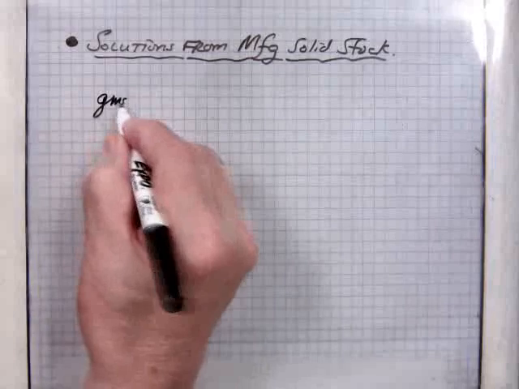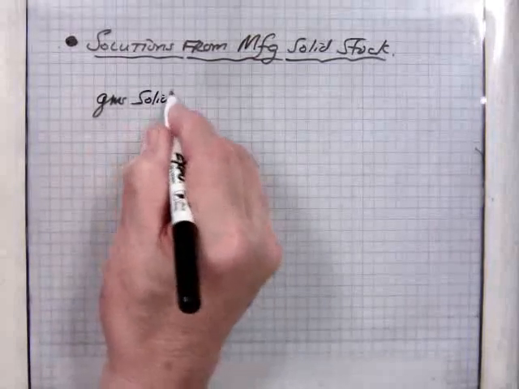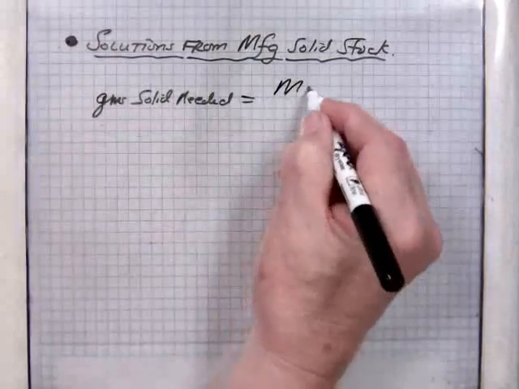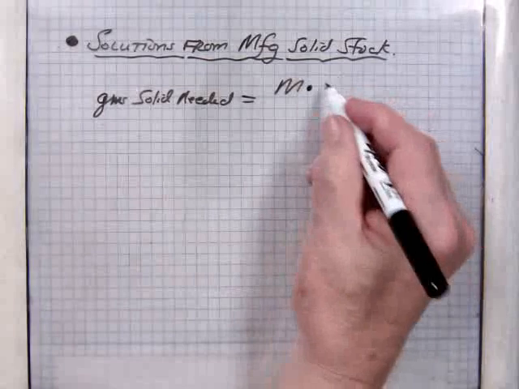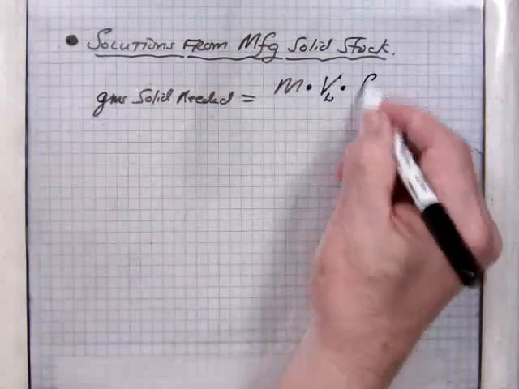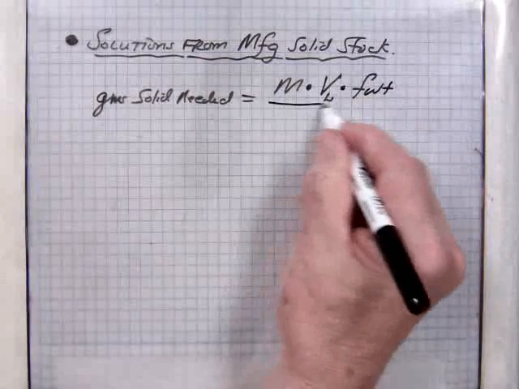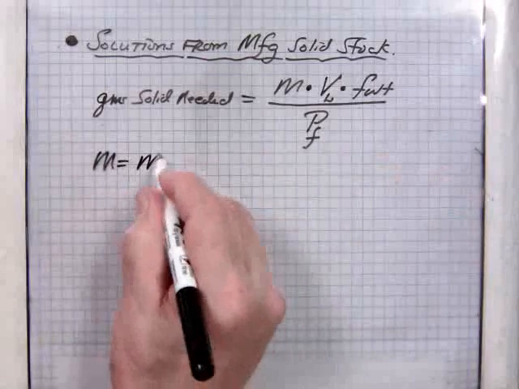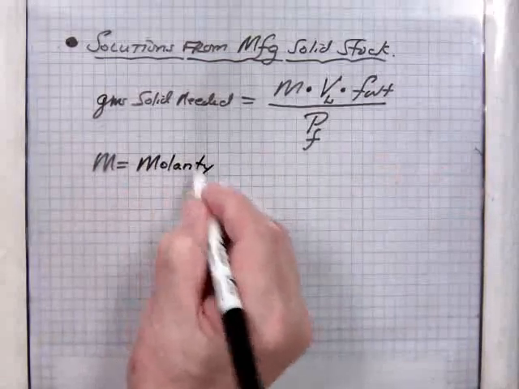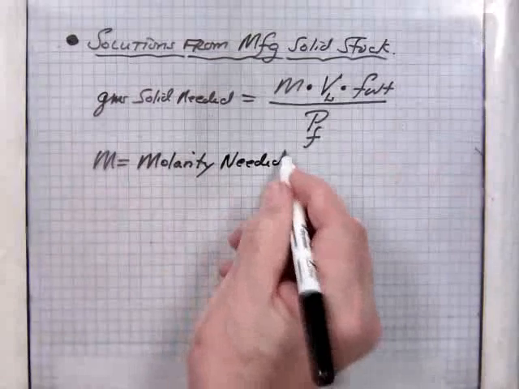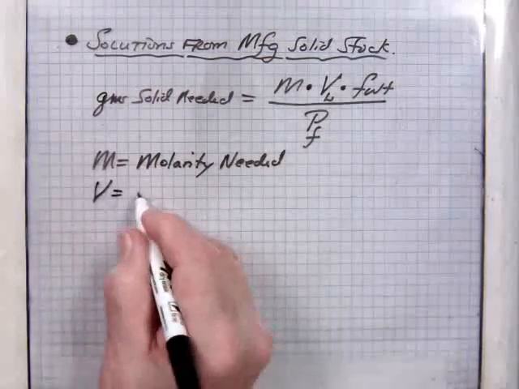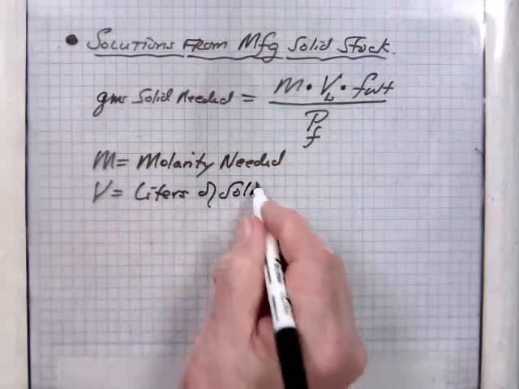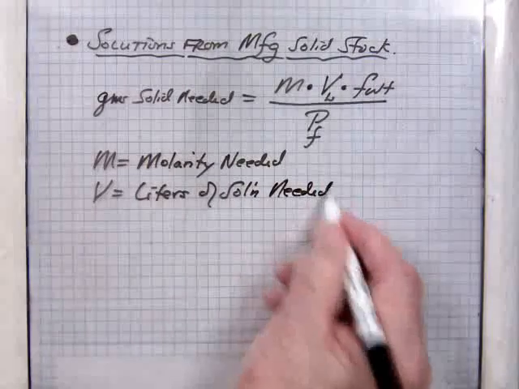Grams solid needed equals molarity, and I'll itemize these in a minute. Molarity times volume expressed in liters times the formula weight of the solute divided by your purity factor, where M is your molarity needed, volume is liters of solution needed, VL.